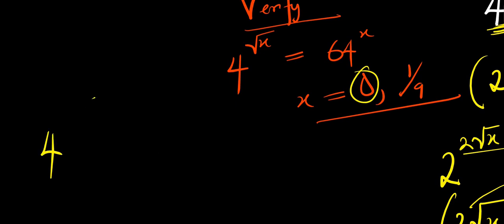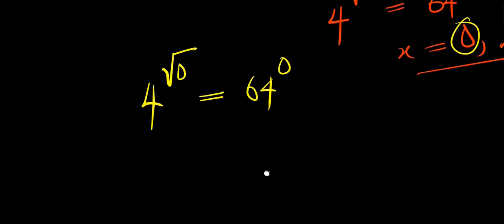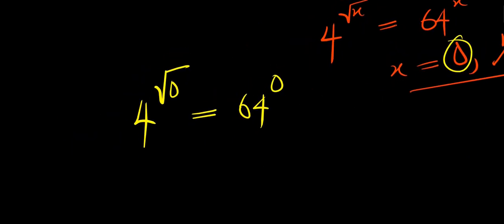I have 4 power square root of 0 equals 64 power 0. So from here, square root of 0 is 0. So we have 4 power 0 equals 64 power 0.